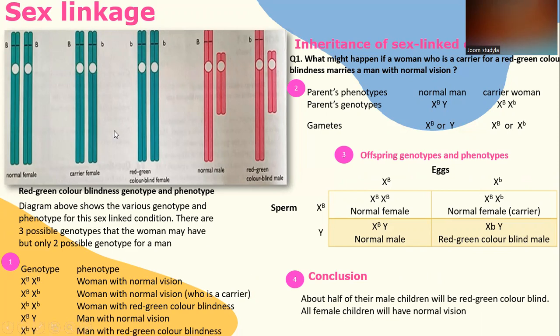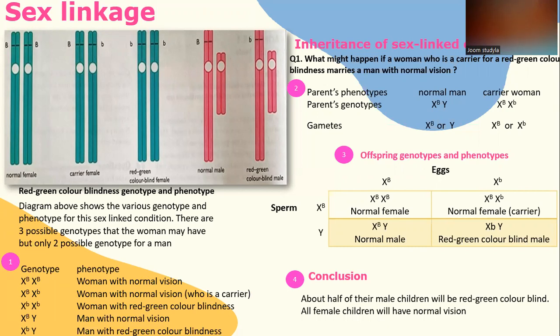The green color represents 3 possible genotypes that a woman may have, but the red color represents 2 possible genotypes for a man. So, as you have already learned, the question is: what might happen if a woman who is a carrier for red-green color blindness marries a man with normal vision?